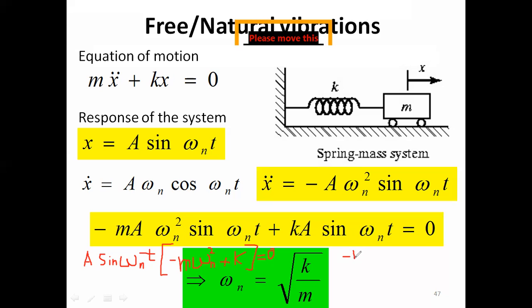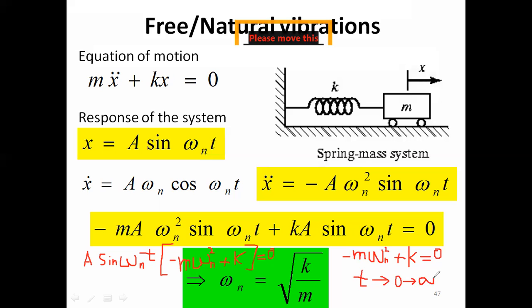So −m ωn² + k is equal to 0 when t goes from 0 to infinity.